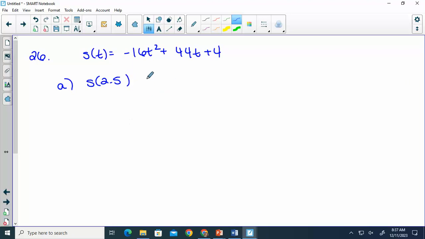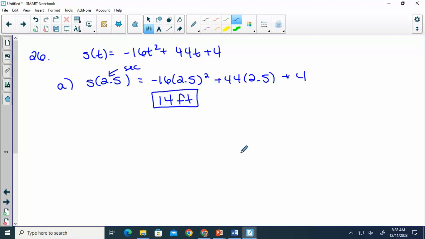Put 2.5 in for t. So you put that in your calculator and you get 14. Now keep in mind, 2.5 was the seconds, so 14 is my feet.